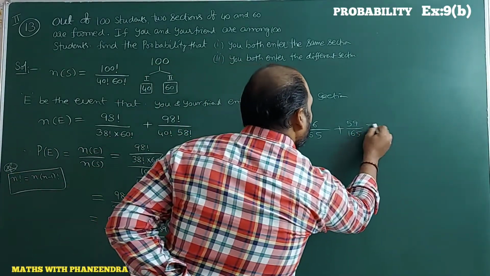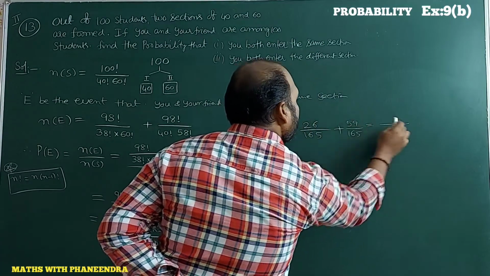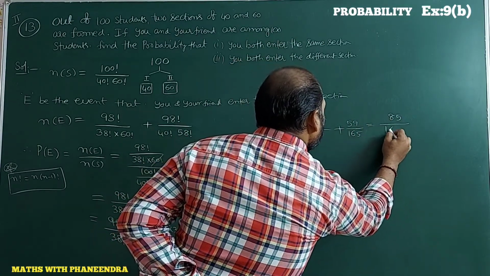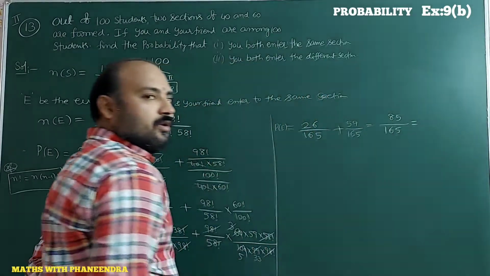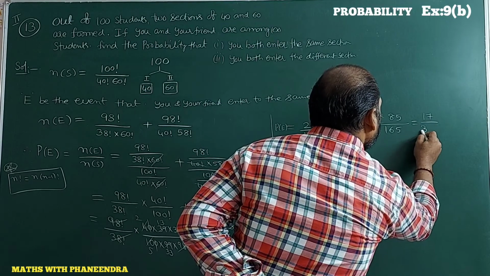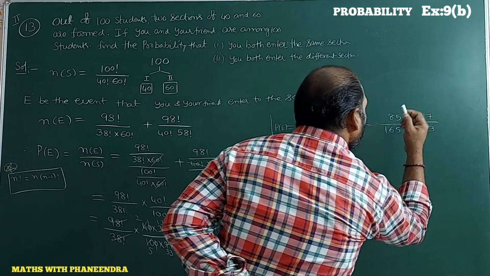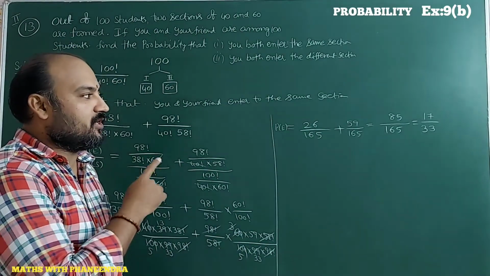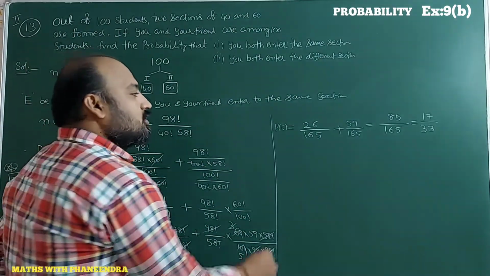So if you add these two, how much are we getting? 26 plus 59, that is 85 by 165. The 5 table: 5 17s are 85, 5 33s are 165. So 17 by 33.